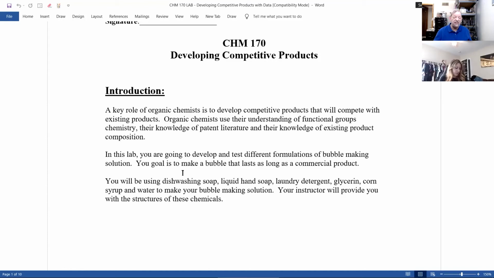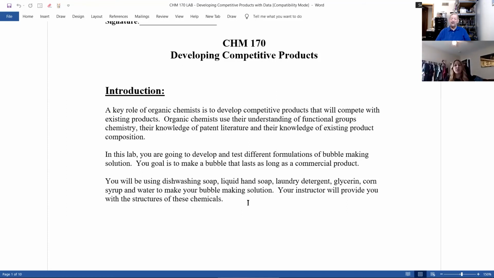And what surfactants are we going to use? Well, I decided on three of them: dishwashing soap, liquid hand soap, and detergent, laundry detergent. Now, if you go and look at the patents, you can find people claiming that if you add polyhydroxy compounds, it can hydrogen bond and make better bubbles.